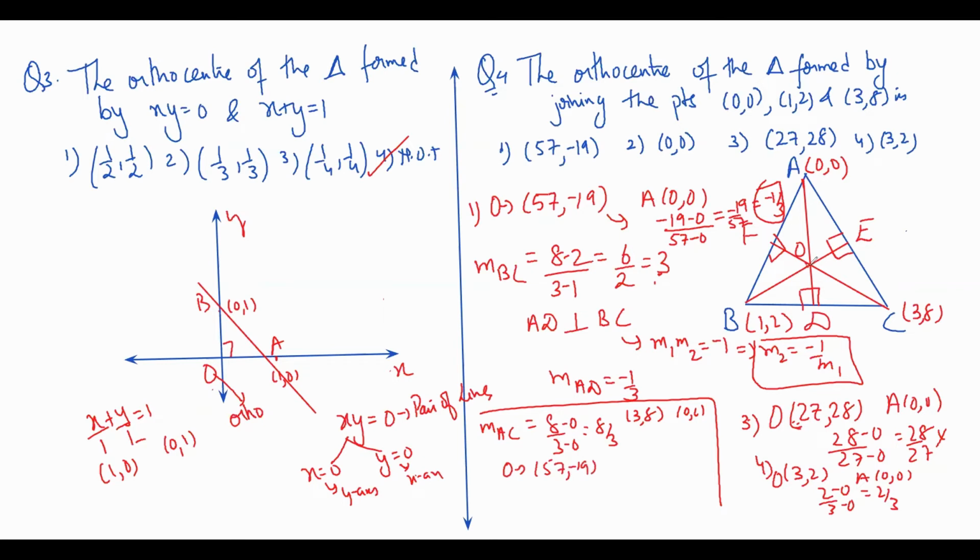You are going to check the slope with the B point, and the B point is here 1 comma 2. Now the slope is y2 minus y1 upon x2 minus x1, and this comes out to be minus 21 upon 56.